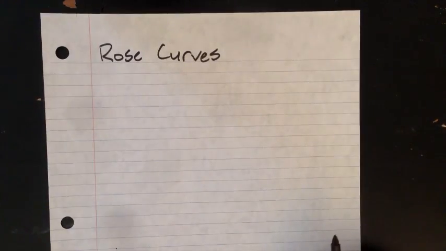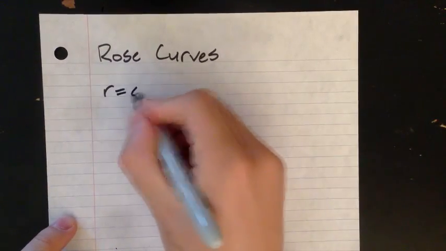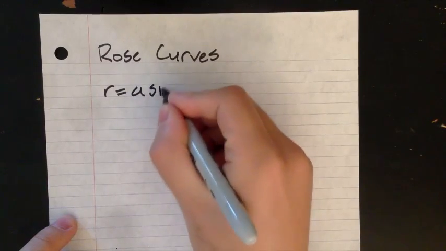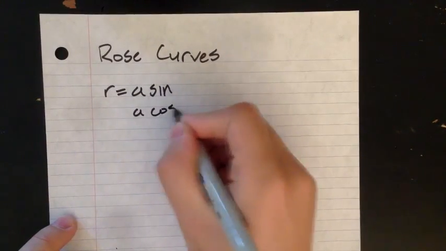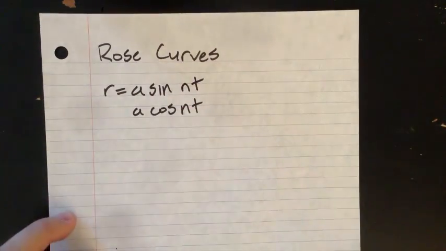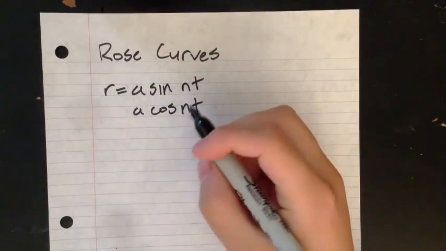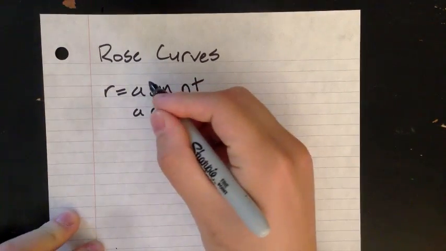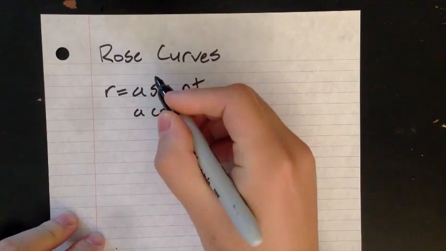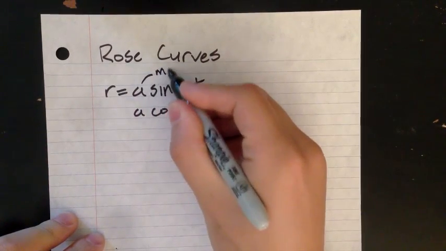Now, a Rose curve has a basic formula: r equals a sine or cosine n theta. When we graph this, remember that a will always be your maximum.